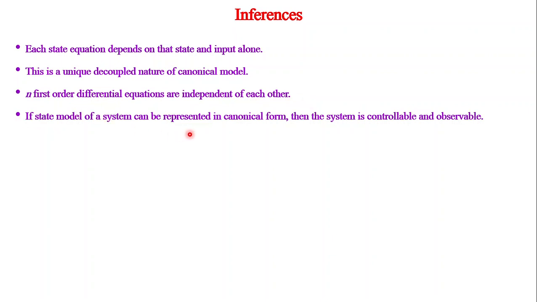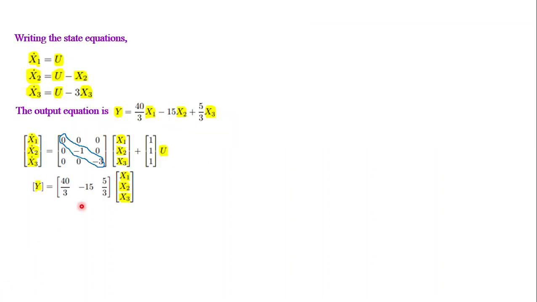If the state model of a system is represented in canonical form, the system is controllable and observable. We will see later in the controllability and observability lecture, if it is possible for us to express a system state model in canonical form, we don't have to check whether it is controllable and observable.